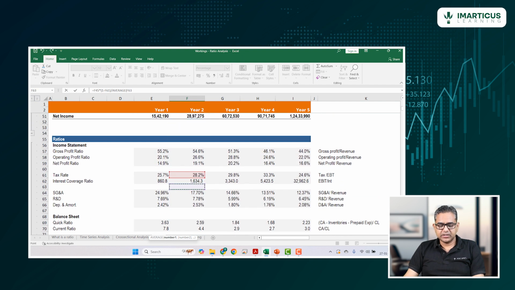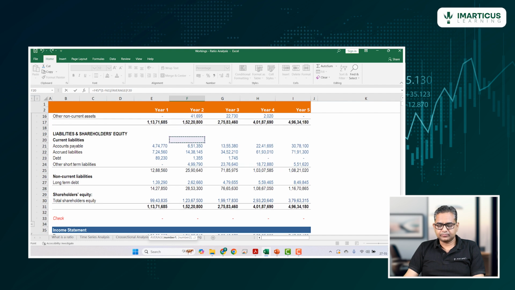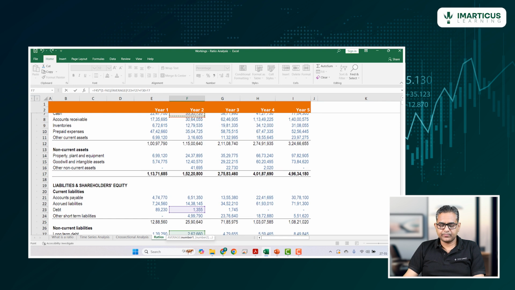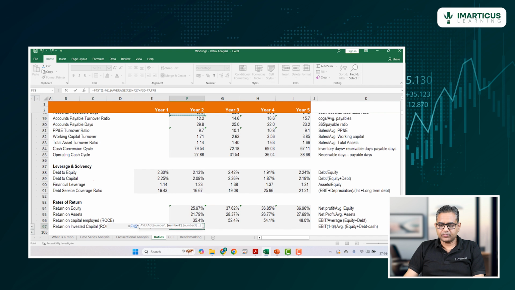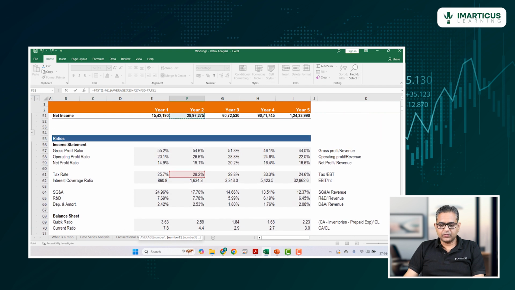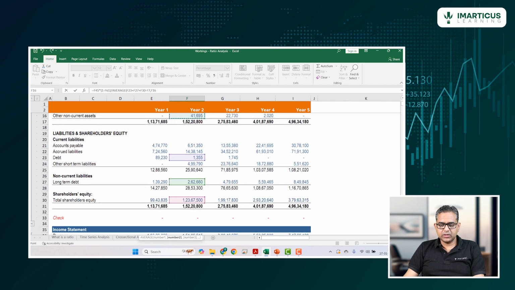Average of debt plus equity minus cash, for last year also.